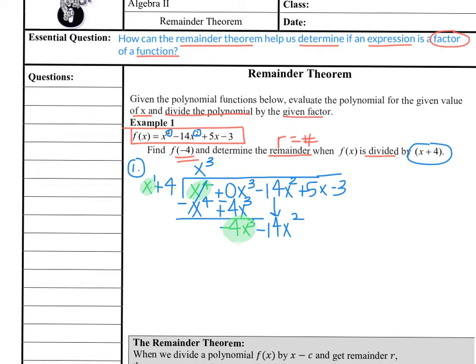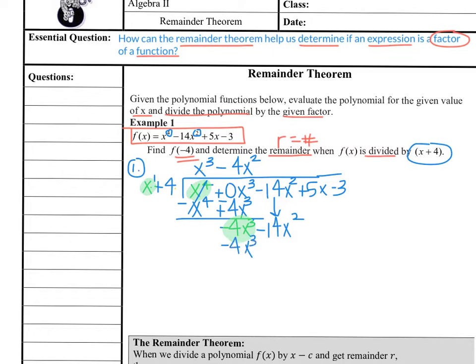Well, if we take x to the first and multiply it by a negative 4x squared, that would give us back that negative 4x to the third. So it would make it match there.